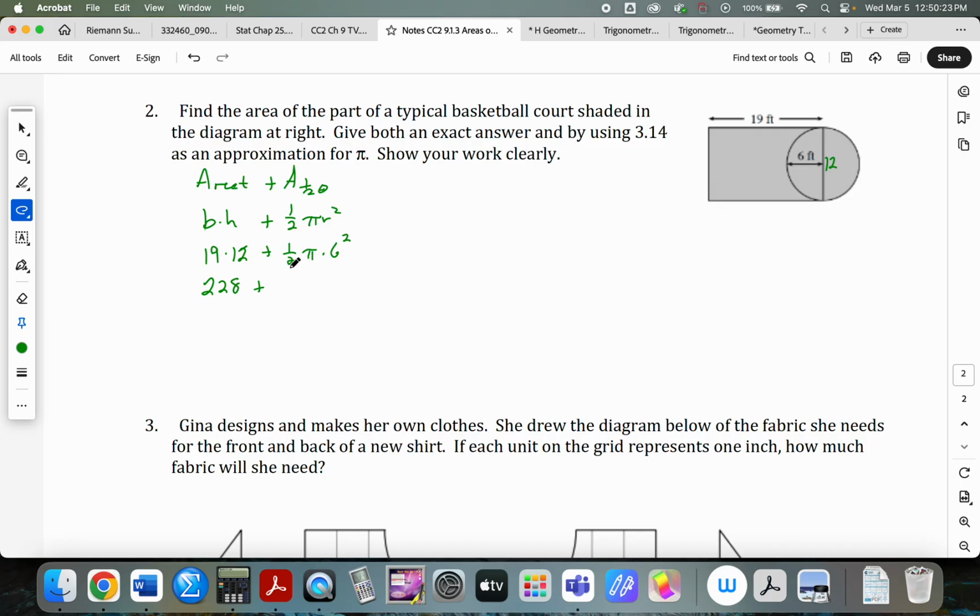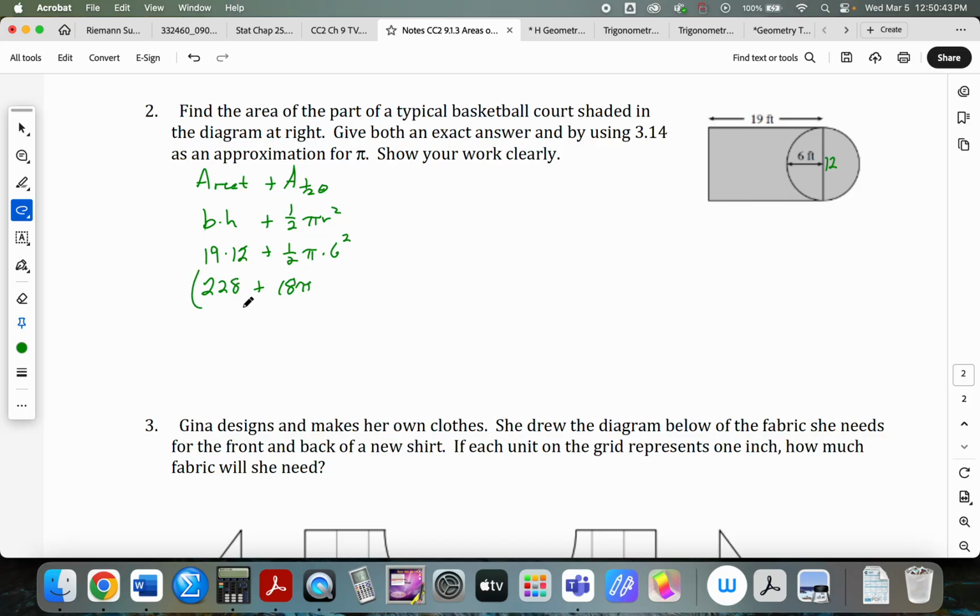Plus, what do I do first in this calculation? Yeah, square the 6, that's 36. Half of that is 18. There we go. That took a little longer than I thought it was going to. 18 pi.